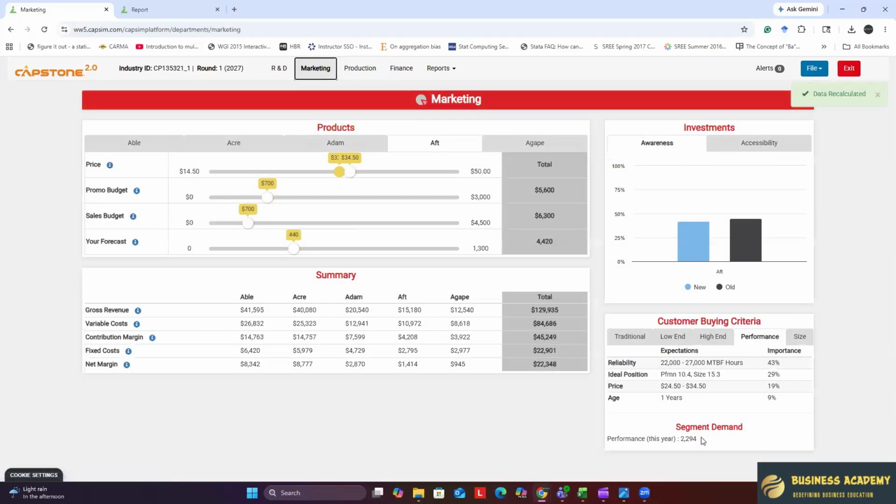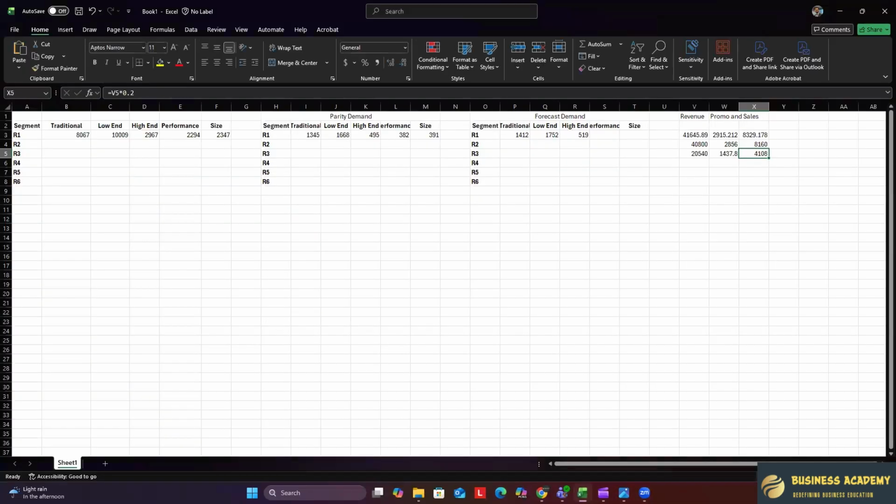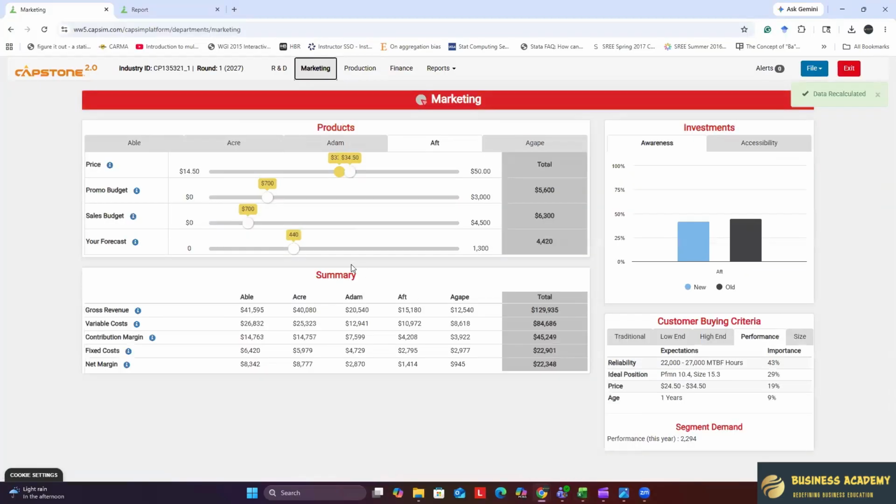So now when it comes to forecasting, here 2294, because I'm making very little money on this, I'm not going to risk it. So I'm only going to sell it at 382 units is going to be my forecast.